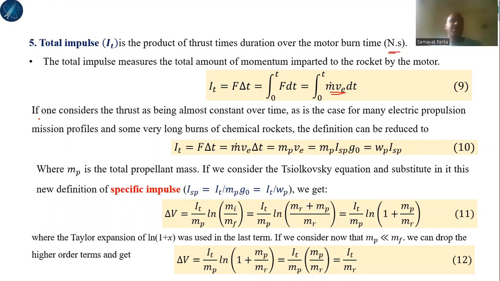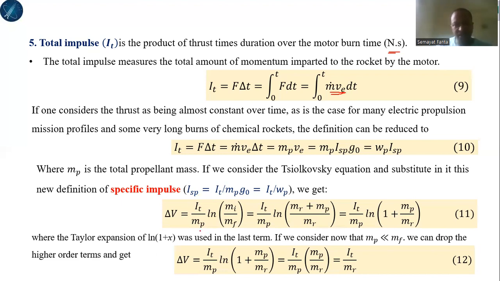If one considers the thrust, how it is related with our rocket equation. This is actually our rocket equation. So total ISP is equal to IT over MP.